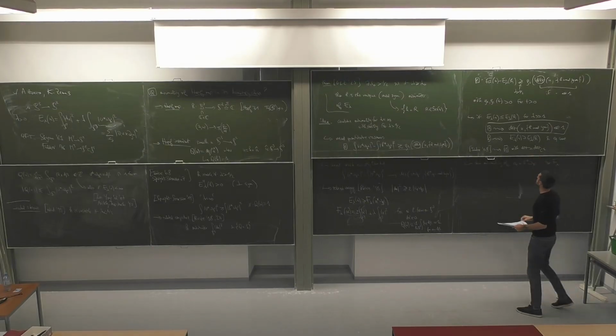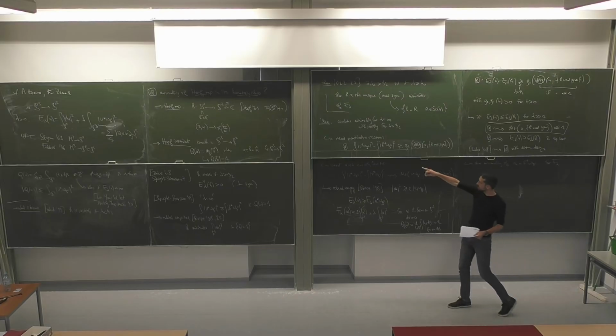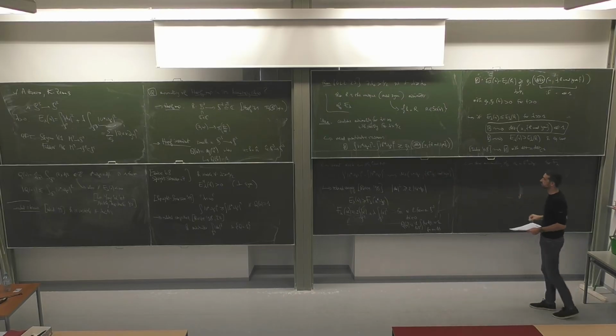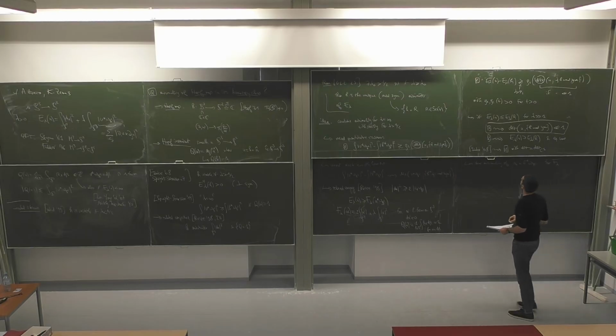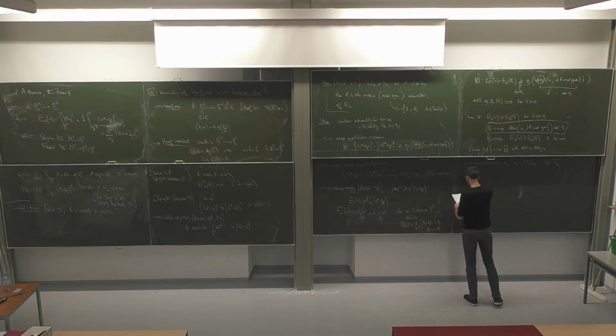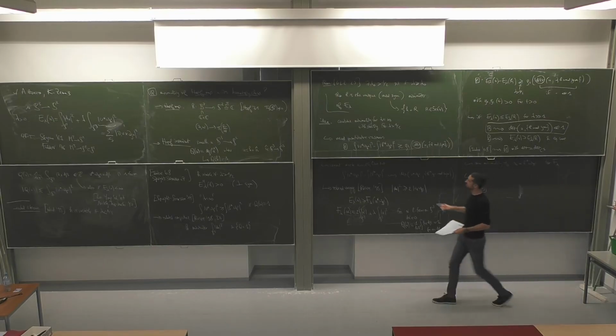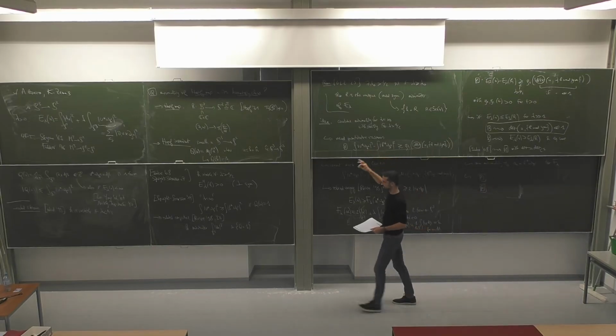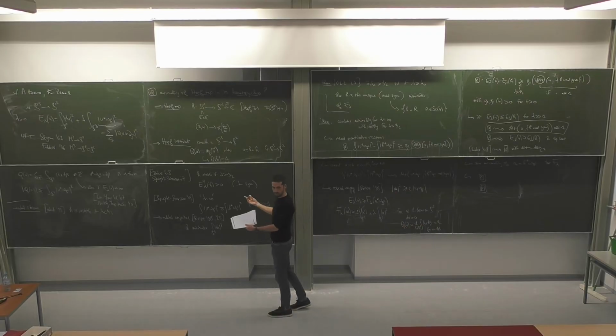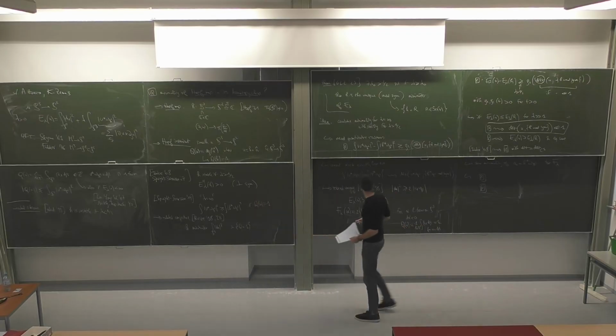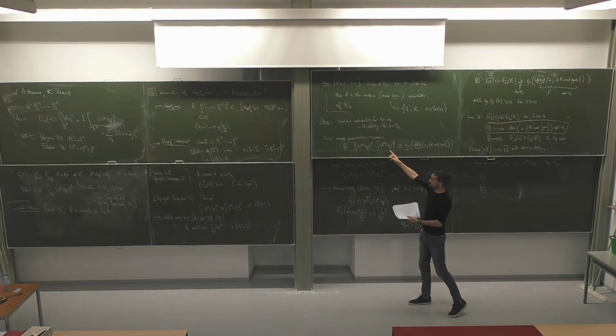Okay, so maybe let me just write down the actual inequality, the quantitative versions that we get. So I had this 1 and this 2 where I was not very explicit on what rho 1 and rho 2 were. For this one, I told you a little bit about the proof, like it's basically by doing this spectral decomposition of this quadratic form here.